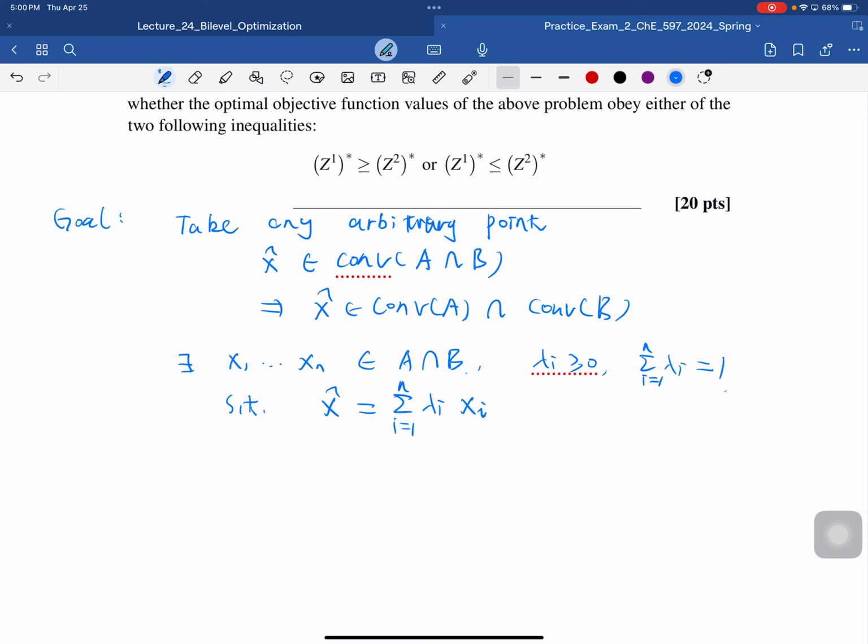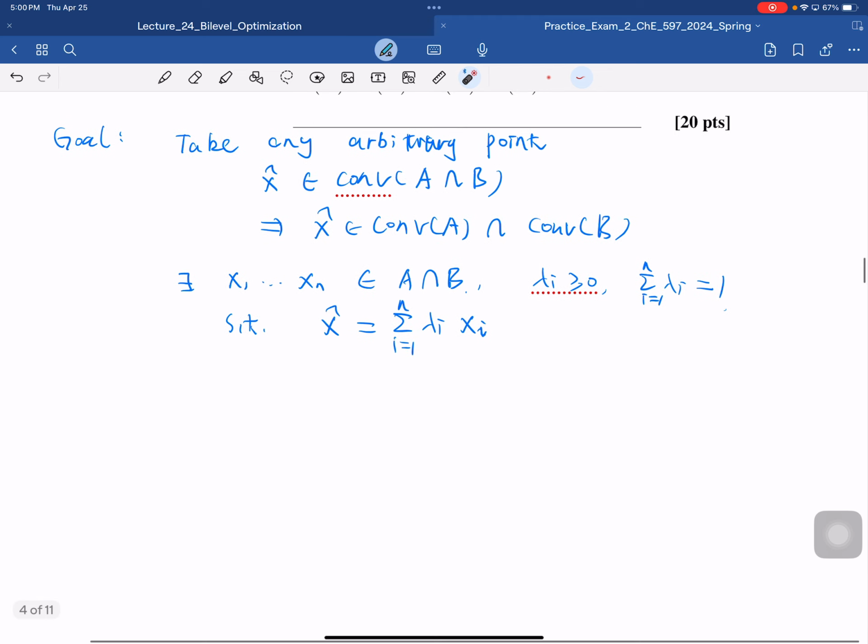So if x hat is in the convex hull of the intersection, there must exist some finite points in the intersection such that x hat is a convex combination of those points. With that, it is almost obvious.